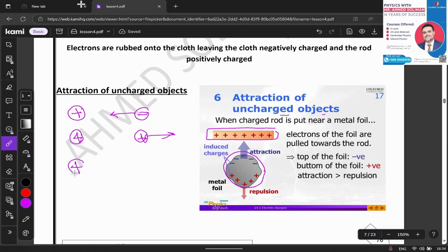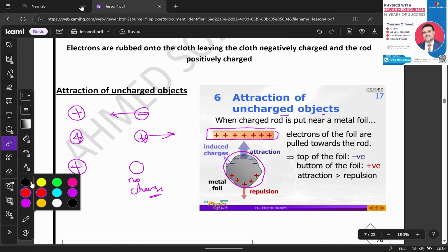What about positive with neutral, no charge? What will happen? It will, in fact, attract. Like when a ruler attracts pieces of paper. I can make this experiment and send it to you in a short video.